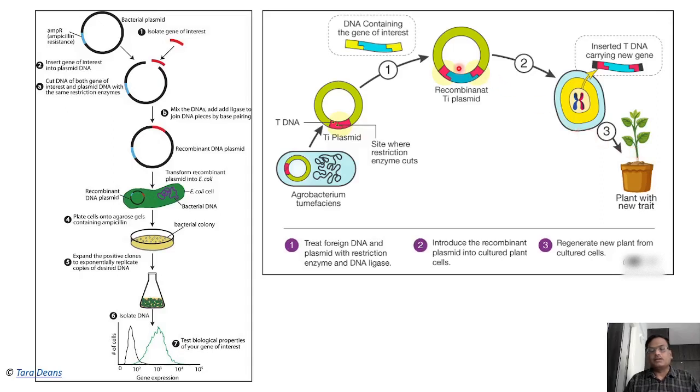For example, you may be familiar with golden rice, where the beta carotene gene from one organism is introduced into the rice plant, which produces the golden colored rice, that is, with beta carotene. Like this, you can introduce a gene from one organism into a plant, where the plant starts producing a new product.